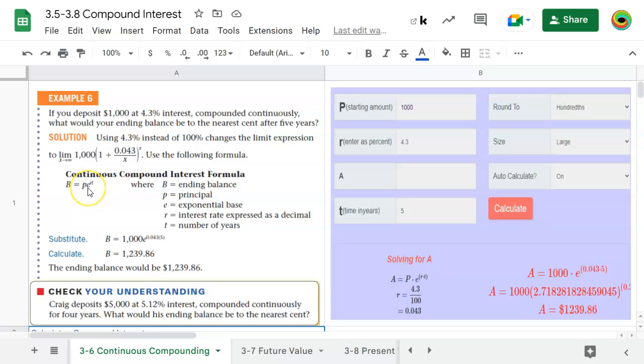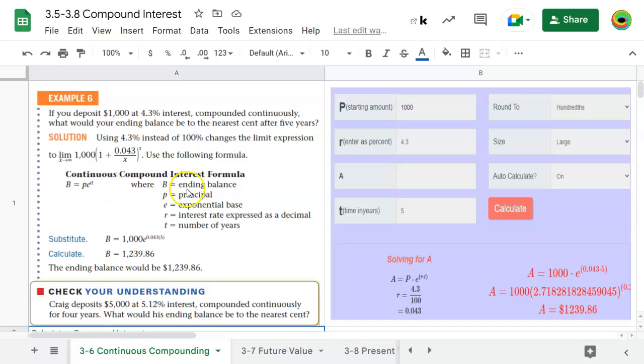But there's this letter here, E. Now that letter E is not really a letter, it's a number. It's kind of like pi, which is 3.14159 and all that stuff. E is a number as well. It's like 2.7183, right? And it's a number that occurs in finances and a lot of other things that predicts or gives us the continual growth.